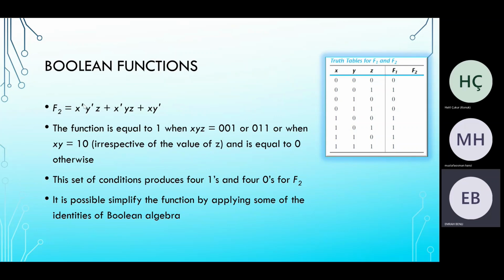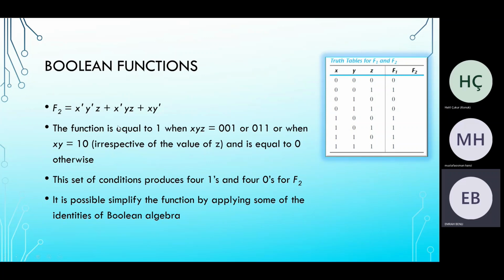So to have 1 here, x prime should be 1, y prime should be 1, and z should be 1. That means x should be 0, y should be 0, z should be 1. Why? If you put this here, you will get the complement of x and y, and they will be 1, 1, and 1, so it will be 1 here.